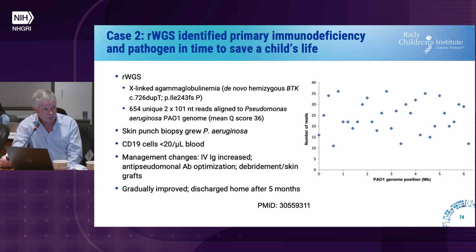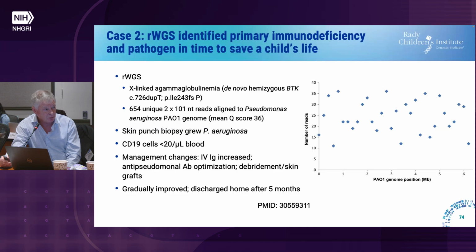And in fact, what we found by aligning the reads that did not align to the human genome, we were able to show that he had Pseudomonas. And you can see the distribution of alignment of those reads to the genome in the graph on the right. He actually had a good outcome.